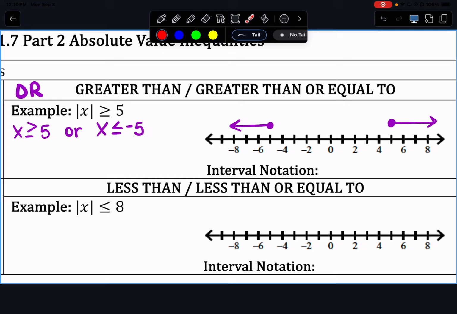So if I look anywhere in this range where we don't have anything, what is the absolute value of negative 4? Is 4 greater than 5? No. Okay, so we have to be at a number that's further from 0 than 5. So that includes way out here and out here.